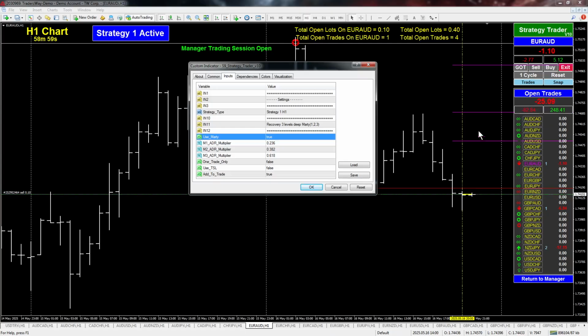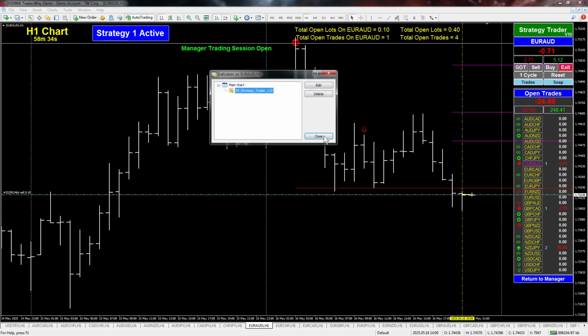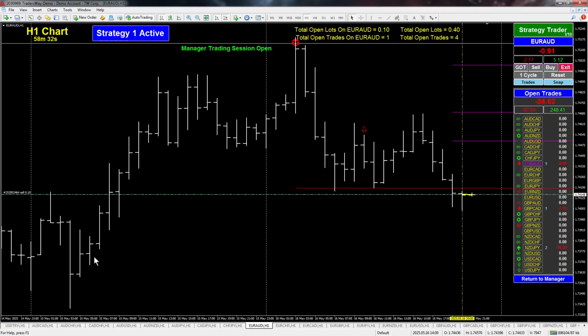The next one is 0.618. Now these are all calculated from the opening price here, where it opened. So it's from here up to there, and then the next one is from here up to there, and then the next one is the farthest one, which is 0.618, which is up to there. And like I said, those are all based on the average daily range, which actually you can see.